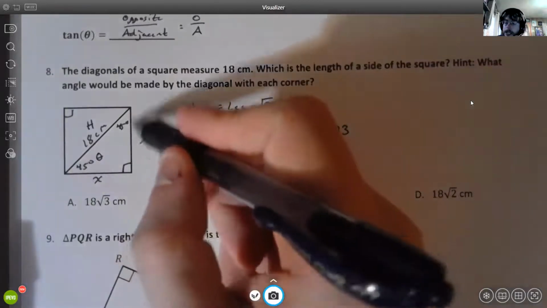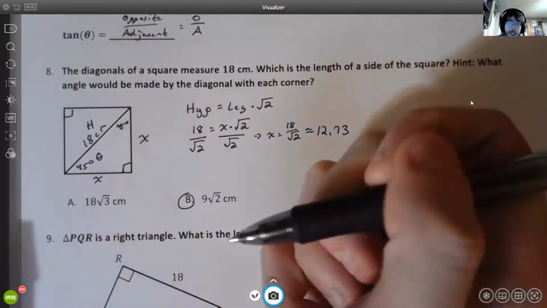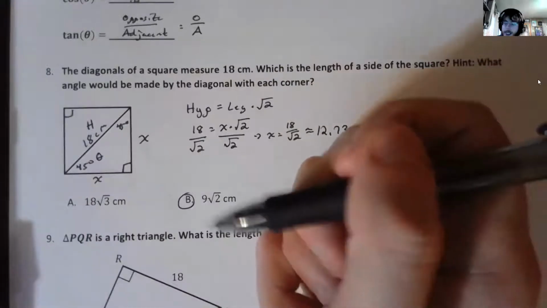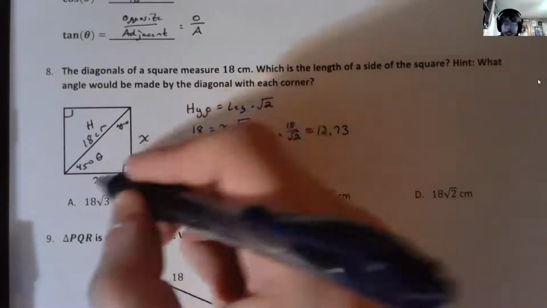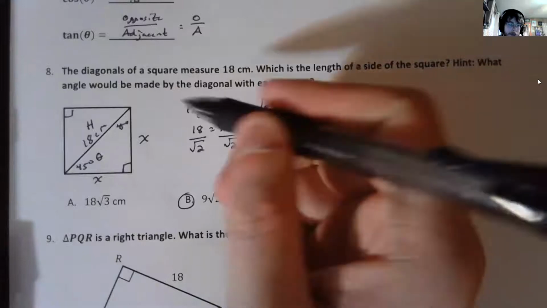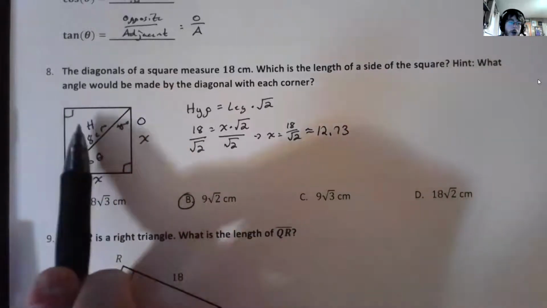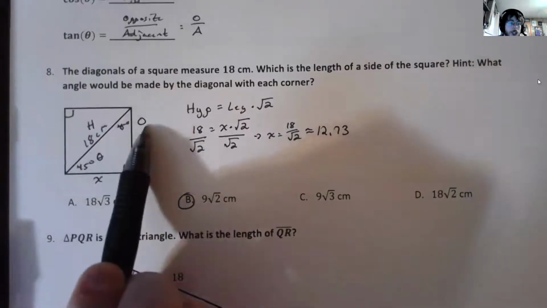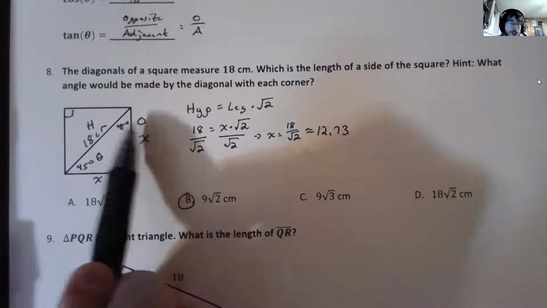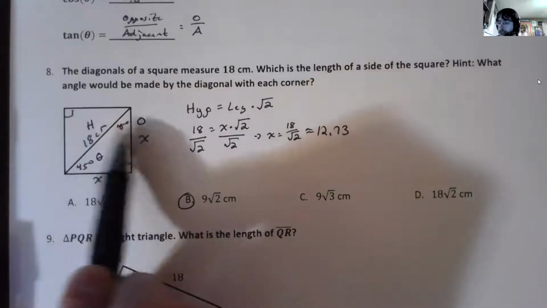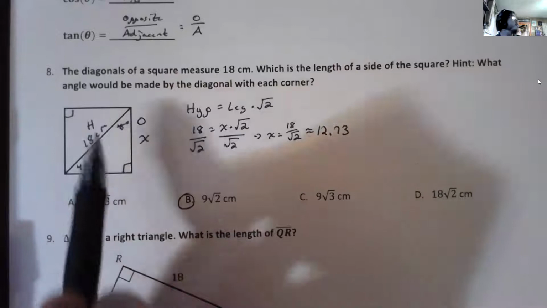Now, since the legs on a square are the exact same, or the sides of a square are the exact same, we can use either the opposite side or the adjacent side. Okay, so I'm going to use the opposite side. So I'm looking for O and I know H. So I need to use the trig ratio that deals with O and H.